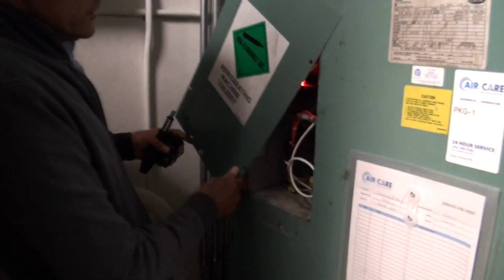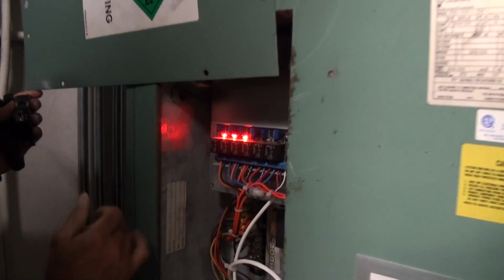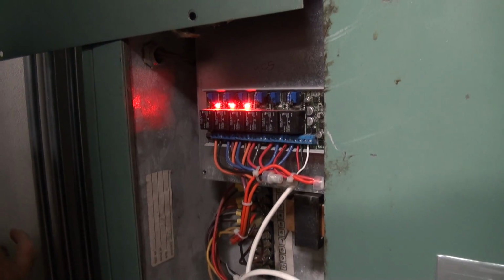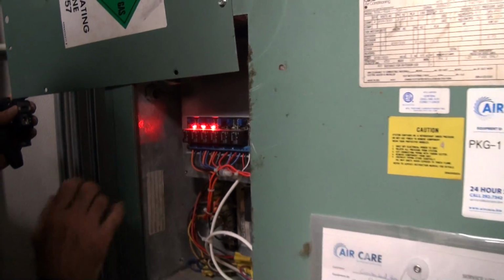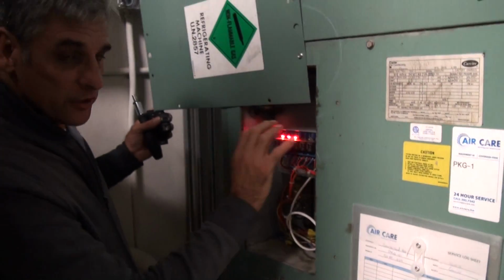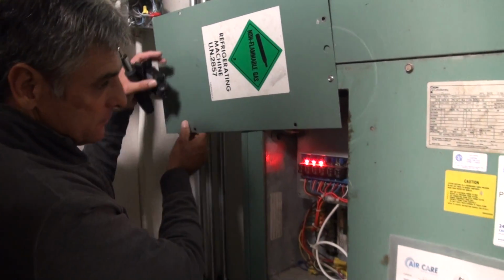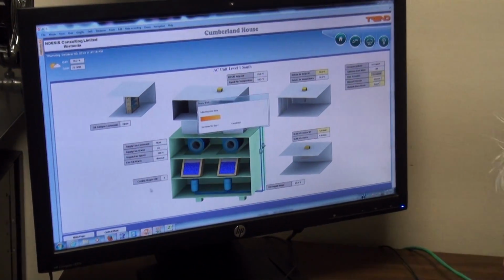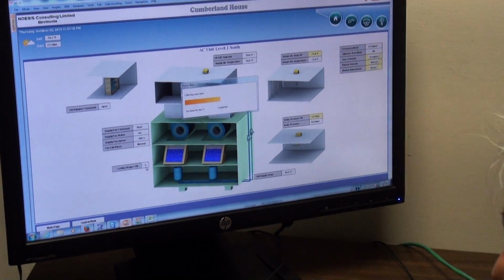This is the staging relay for each unit. This is the different stages of cooling. Right now we're on 3 stages of cooling. So we took the existing control round and put this one in. Okay, so you can see the 3 stages of cooling.